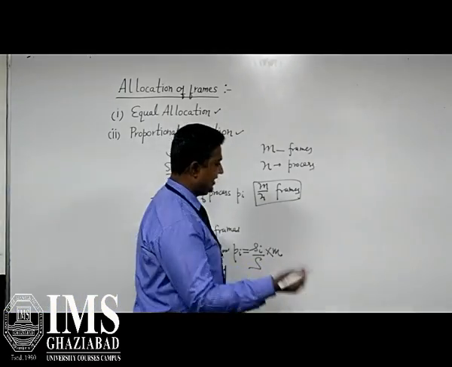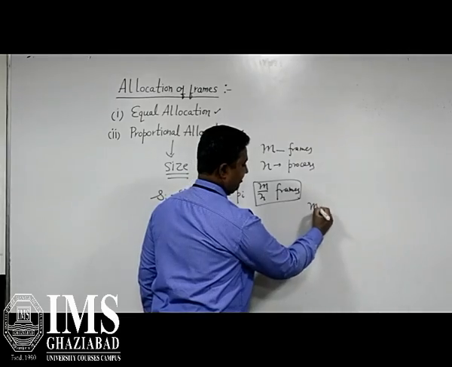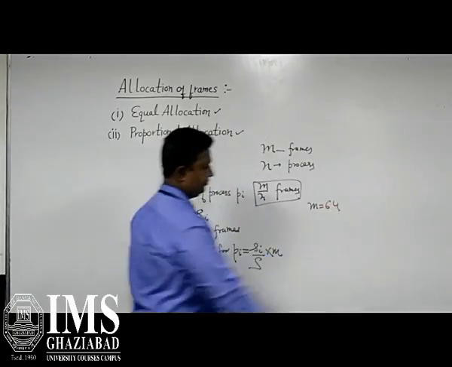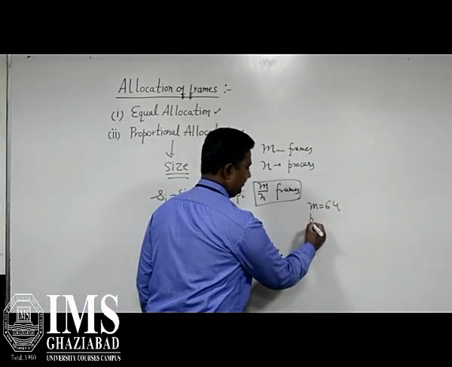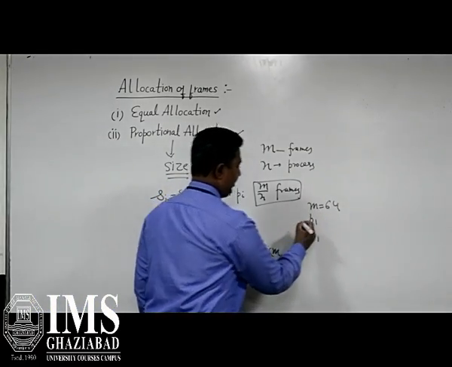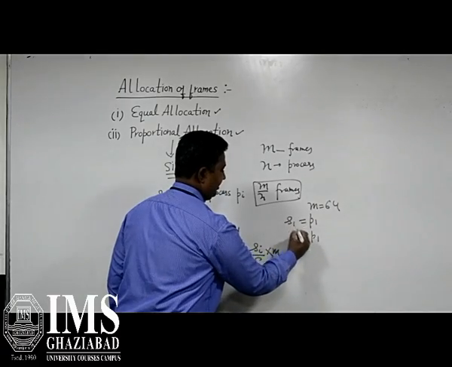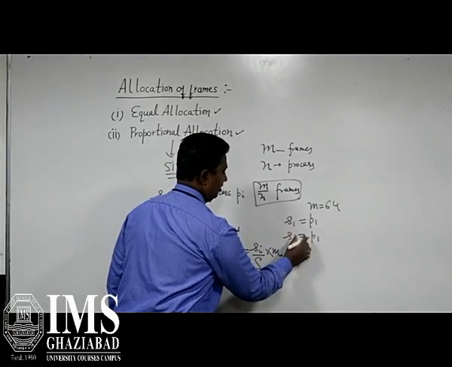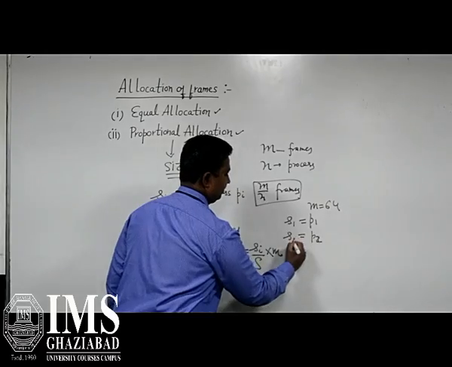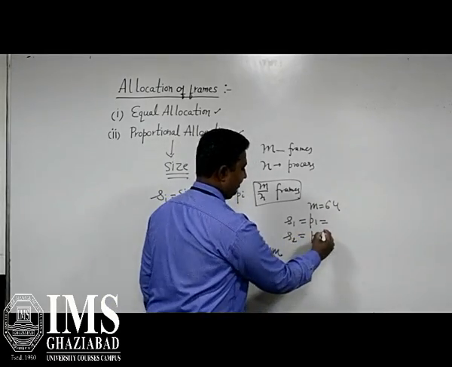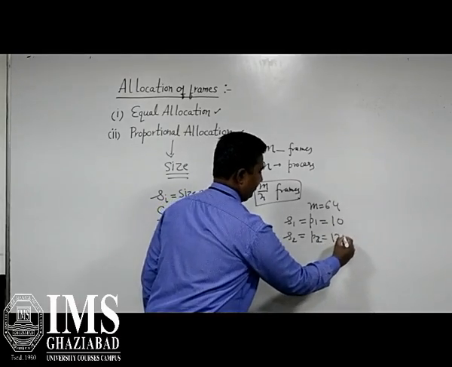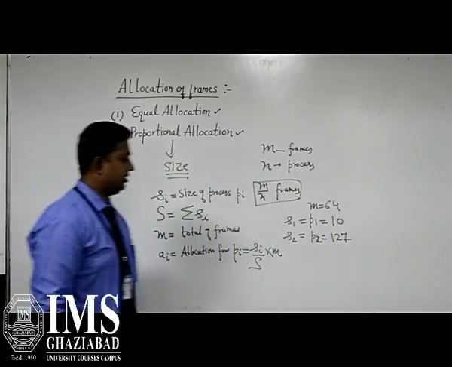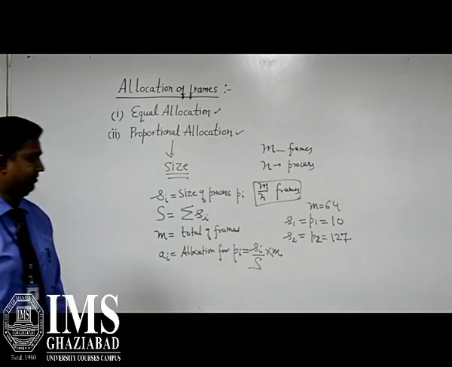Suppose M is equal to 64, and there are two processes, P1 and P2, with sizes S1 and S2. For process P1 the size is, say, 10, and for process P2 the size is 127.